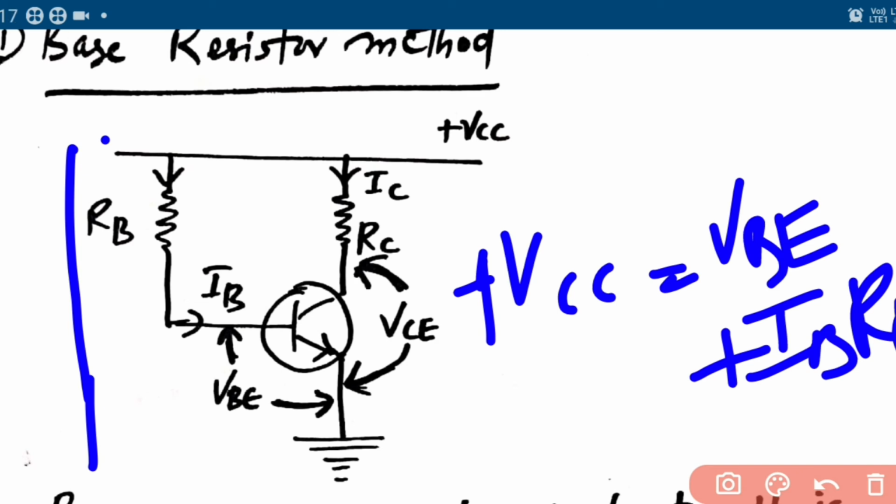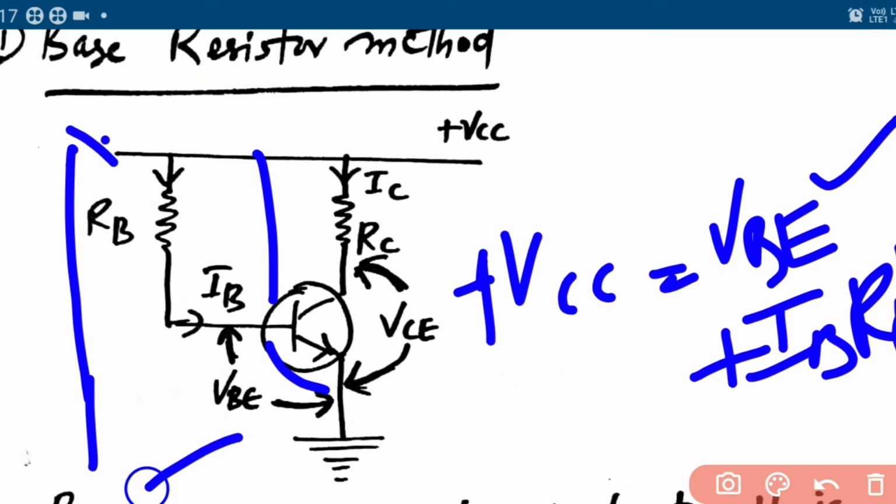As the base current IB flows through RB, we will have IB RB, the voltage drop here, and between base and emitter the voltage drop is VBE. If you add VBE plus IB RB, you should be getting VCC, because the potential difference between this point and this point is VCC.